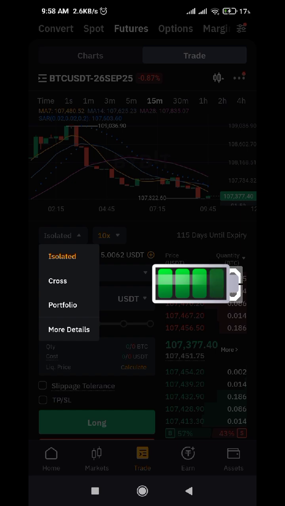Isolated means that your trading is going to revolve around the money you put in your unified trading. That means that it is not going to cross out to take from your portfolio. Why cross?